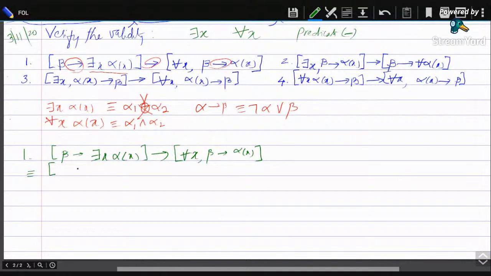So it says beta implies, so this is for there exists something, therefore we are talking about two alphas, alpha 1, alpha 2, and because there exists it is, then we can say alpha 1 or alpha 2 implies.